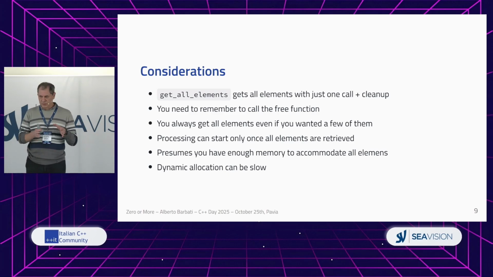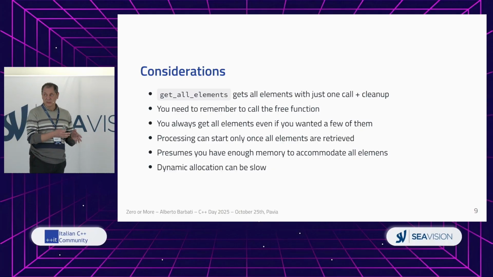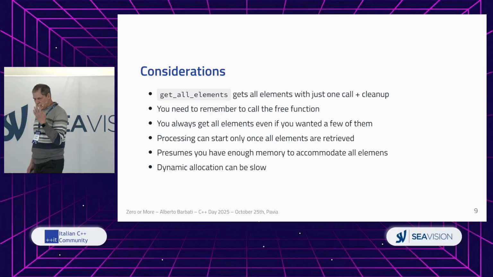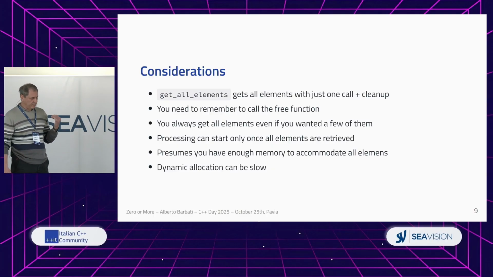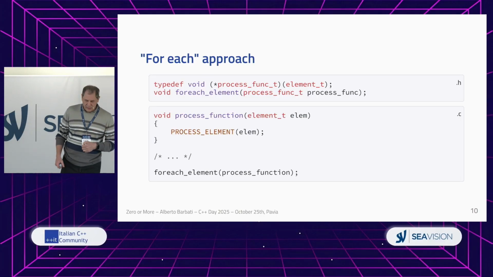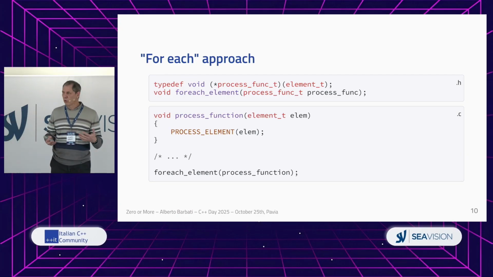Embedded platforms, even with small memory, can process very large files if they do it in chunks, and they can't use this approach. There is a fourth approach that could be used in C, called the for each approach. Someone calls it enumeration or callback.